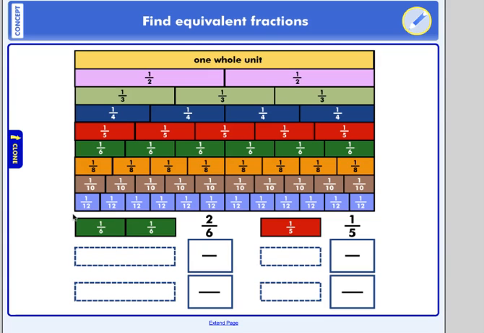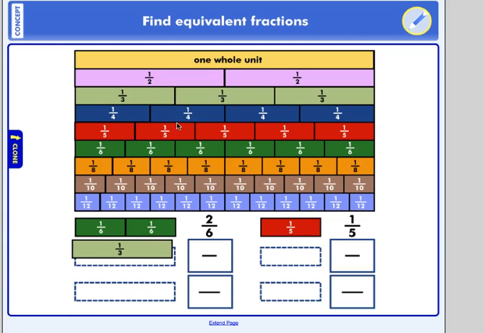Let's say we needed to find equivalent fractions for 2/6, and this is what it looks like. I can look up here and see that 2/6 goes until this line right here. What else is that same amount? Well, 1/3 ends at that spot, so I could say that 1/3 is equivalent.